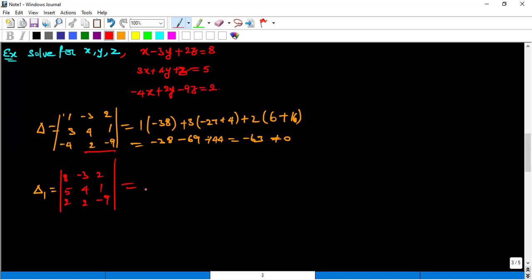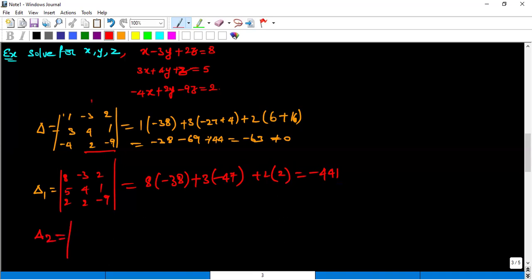It will be 8 into (36 minus 2) minus 38, plus 3 into minus 47, then plus 2 into (5 times 2 is 10, minus 8) 2. If you simplify this, we get the final answer minus 441. Find delta 2.